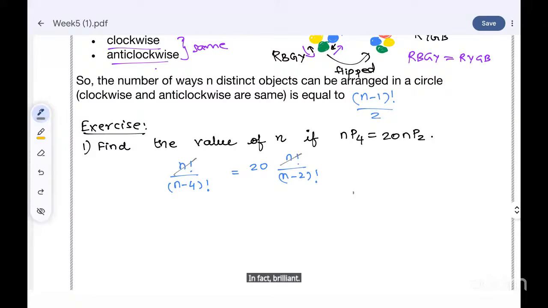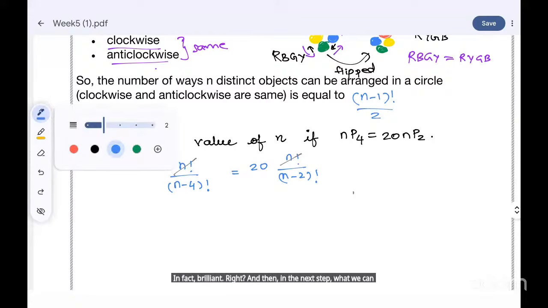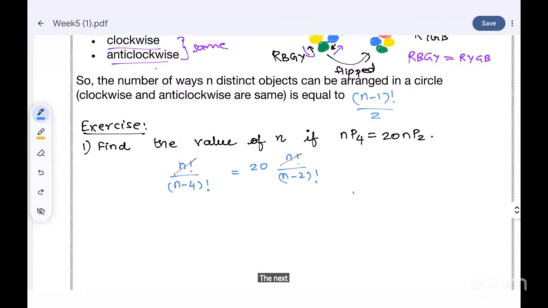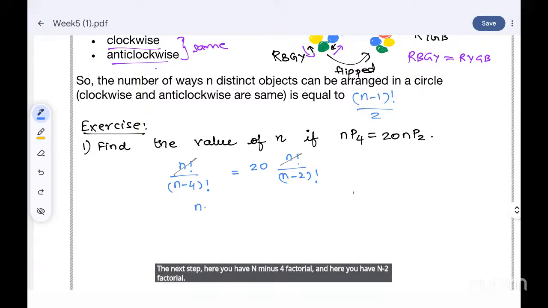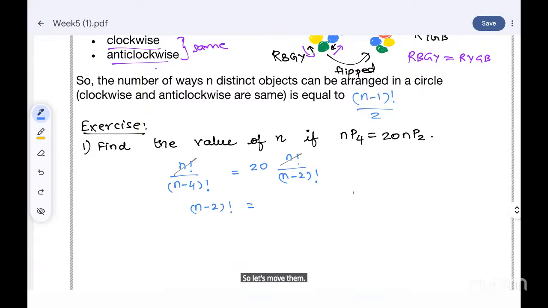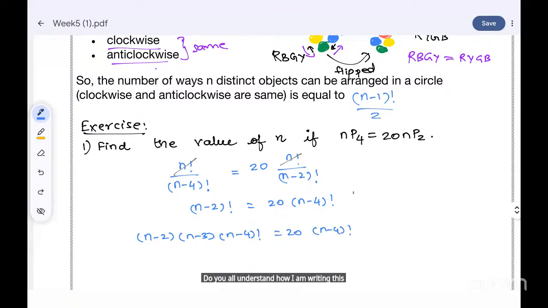Right? And then in the next step, what we can do? Here you have n minus 4 factorial and here you have n minus 2 factorial. So let's move them this way, right? Now this n minus 2 factorial, I can write it as n minus 2 into n minus 3 into n minus 4 factorial. Do you all understand how I am writing this n minus 2 factorial in this way?